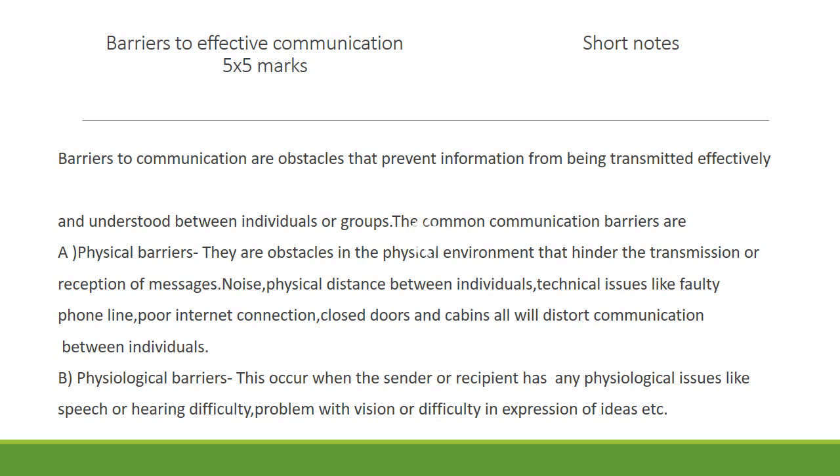Examples are hearing difficulty or aphasia. Aphasia means it is a communication difficulty. Then problem with the vision or difficulty in expressing ideas. All this will come under physiological barriers.